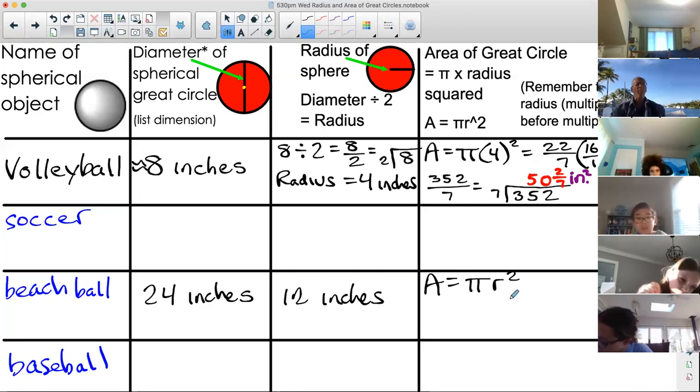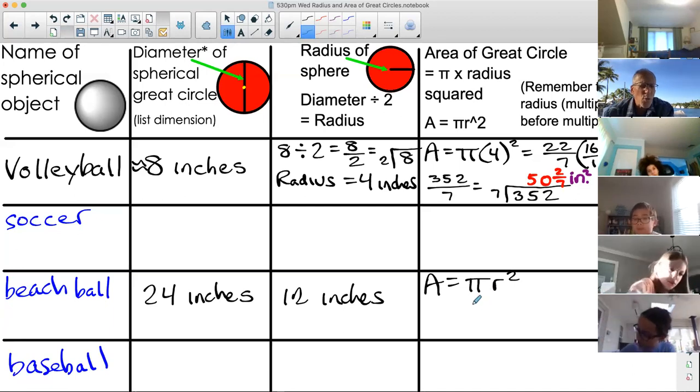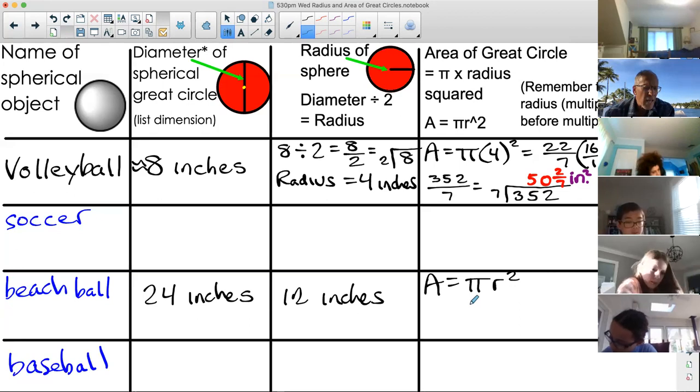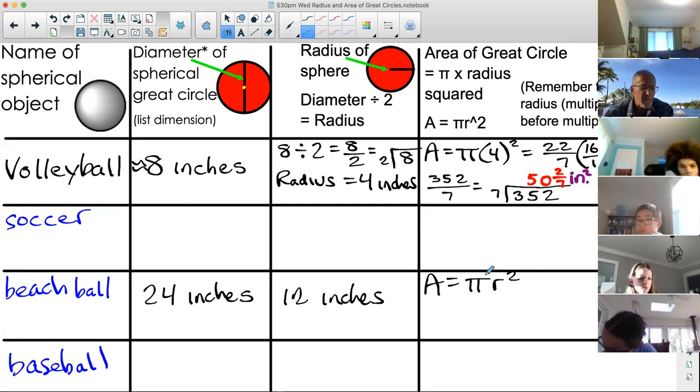And now your job is to use 22/7 and find out the approximate area, as a mixed number, of the great circle of a beach ball. So get working, guys.